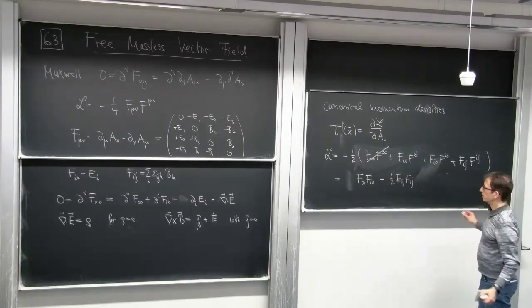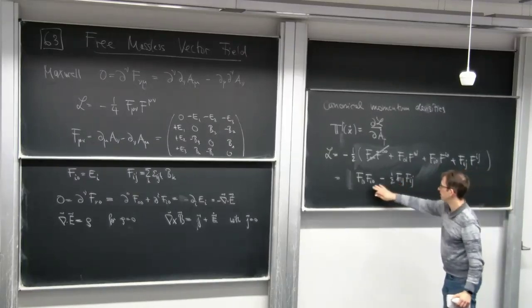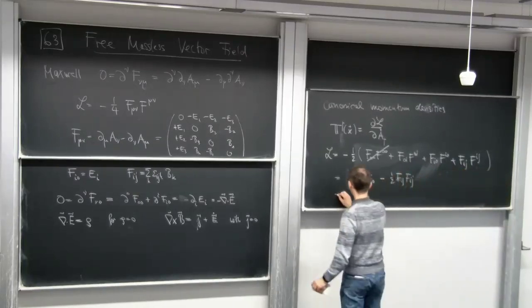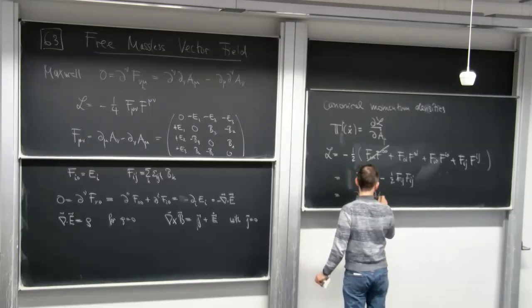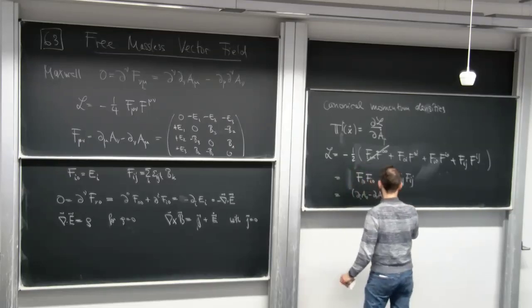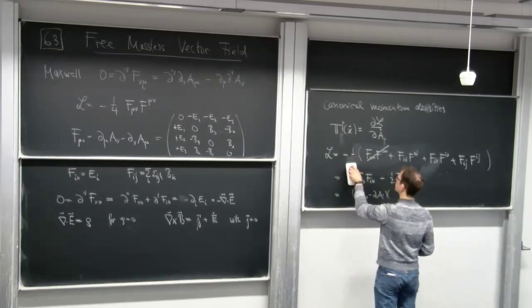And now, this doesn't have any times in it, no zero indices. This one though, I start with the A's minus d0 Ai. And why was this a half?